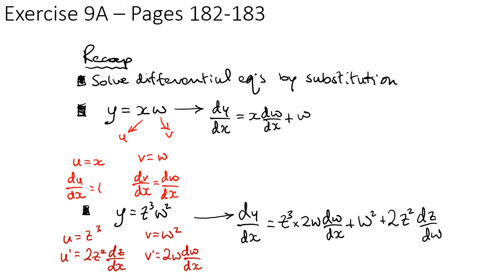So it looks a bit more complicated, but the same rules apply, and we could just tidy this up a bit and write it like this. Yeah, so you can differentiate any variables with respect to any other variable as long as you use the correct d letter at the end to indicate what you are differentiating that variable with respect to.